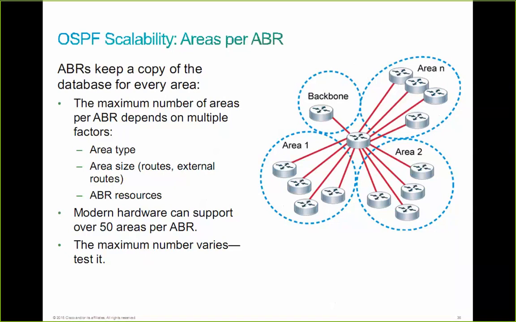Add an extra ABR if you start to see degraded issues or performance problems on the ABR, so that you can distribute that load across multiple ABRs if it's necessary. All right? There really just is no specific recommendation because of all the different mitigating factors that might exist.